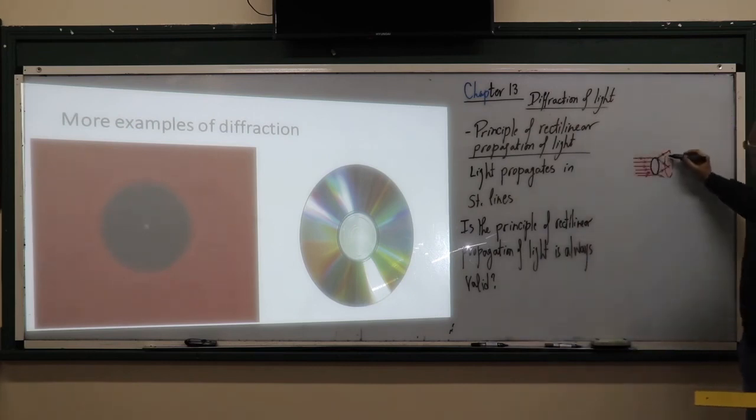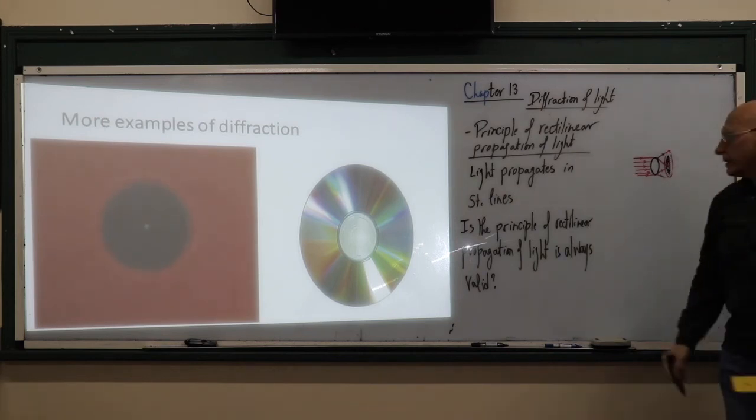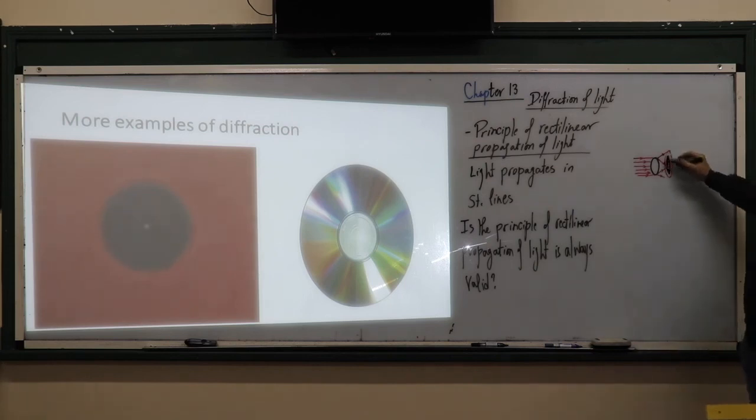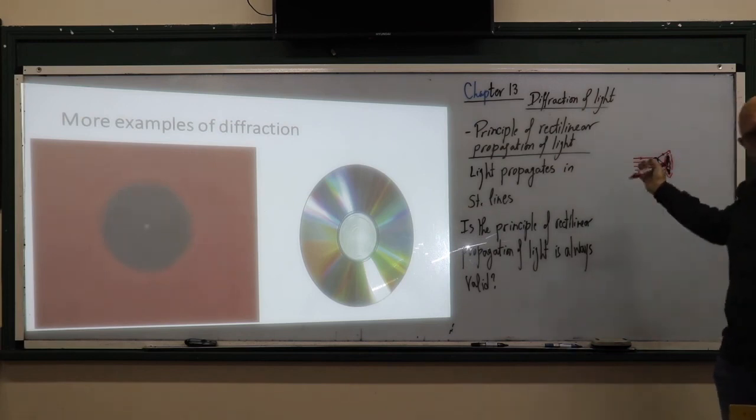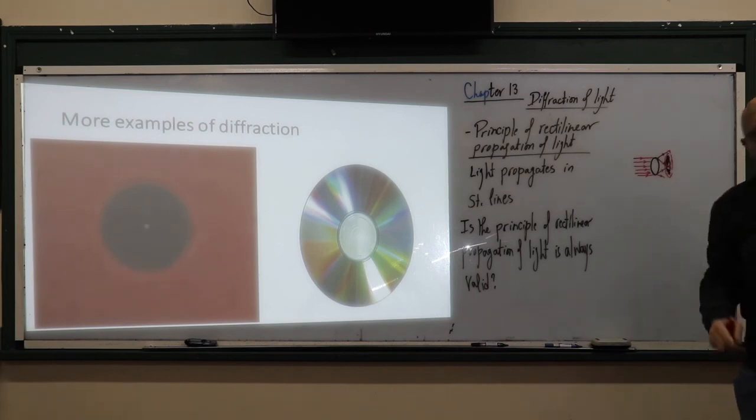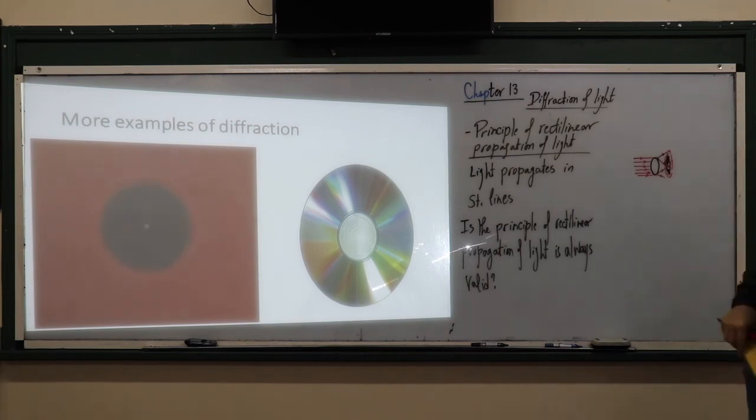This is the shadow, with the central spot and the fringes surrounding the penny, the shadow of the penny. Also, this phenomenon of the deviation of light from its straight path is called diffraction.